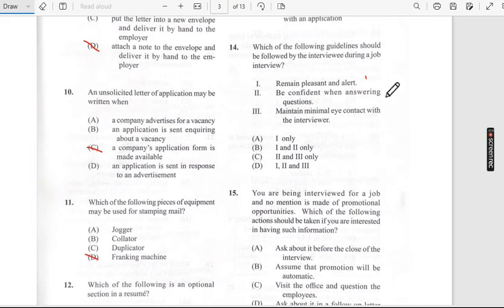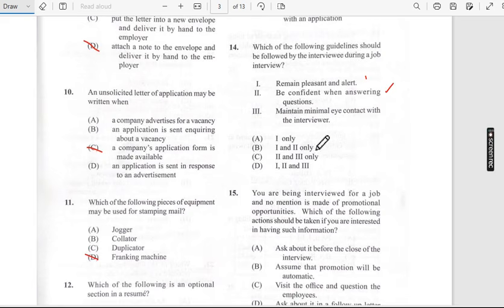Be confident when answering questions, that is right as well, but minimal eye contact with the interviewer, this is so much tricky, to be honest, because you'd have to maintain eye contact. If you're not maintaining eye contact, it seems you're not serious about the job. If someone is interviewing you for an exec and you're not maintaining eye contact, that would seem as if you're not interested.